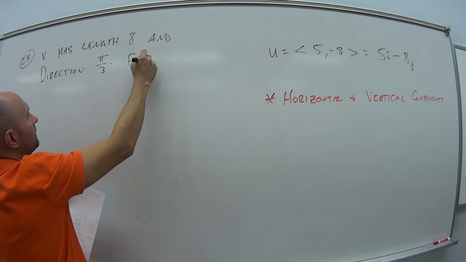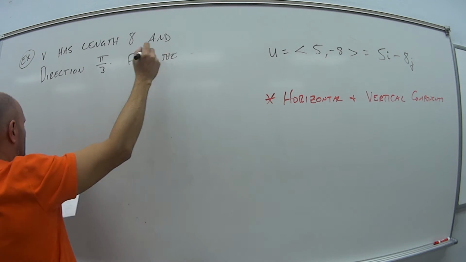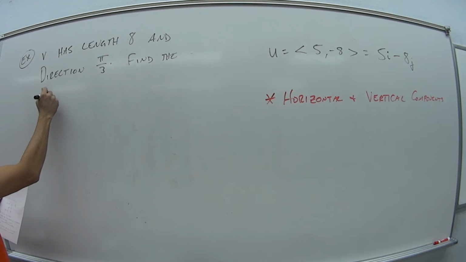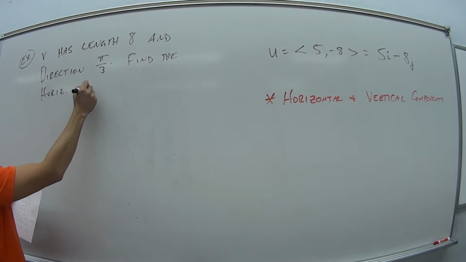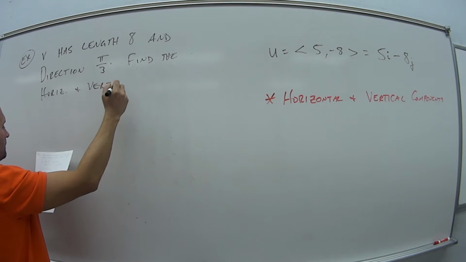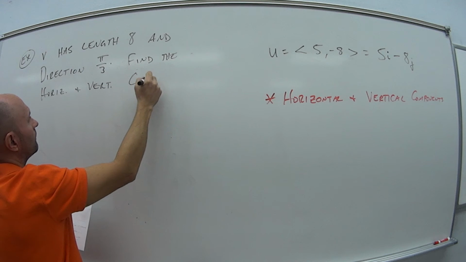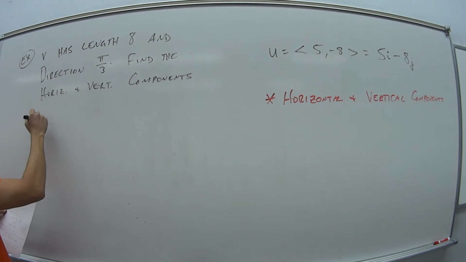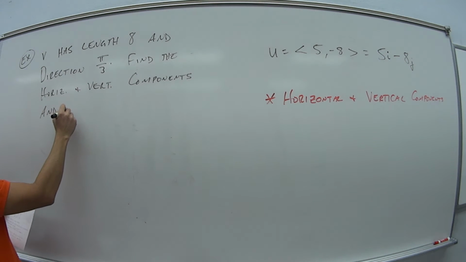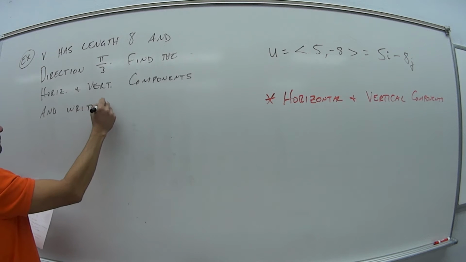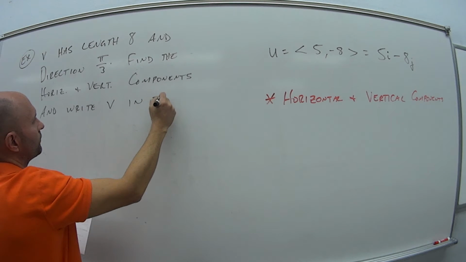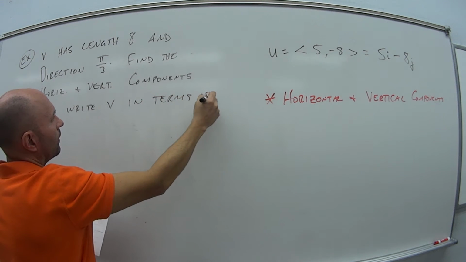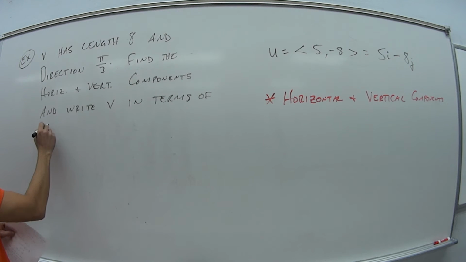We want to find the horizontal and vertical components, and then once we have that, write V in terms of i and j.